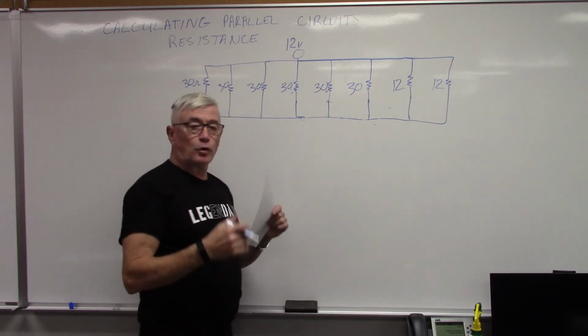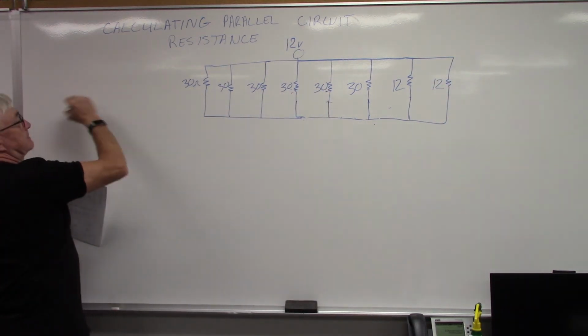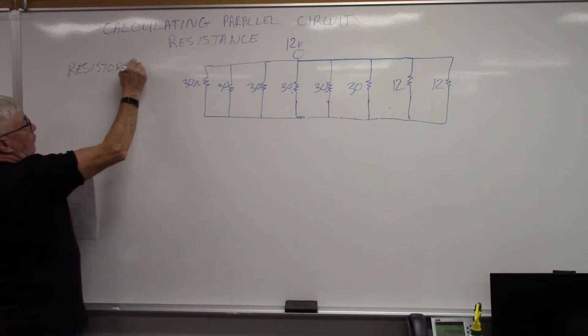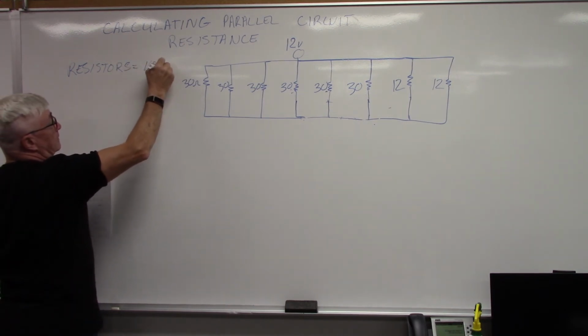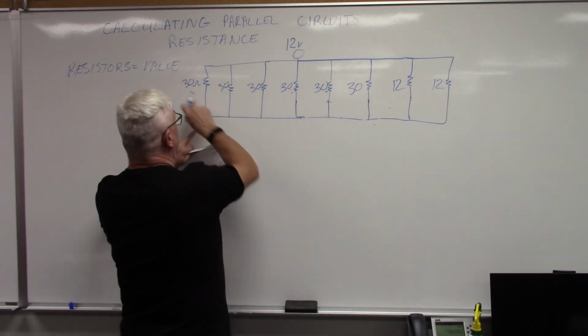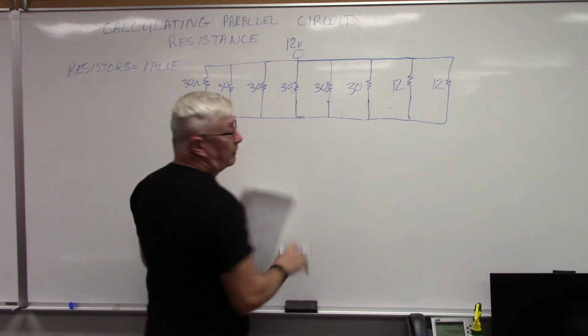All right. So with this method, and this is resistors with equal value. All right, we take the value of, right, 30, 30, 30, 30, 30, 30, all the same.